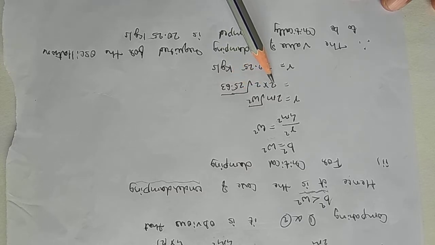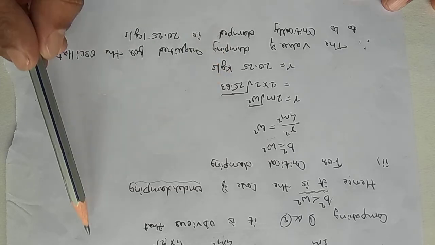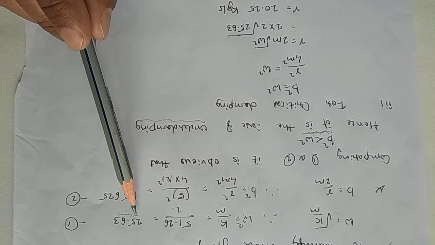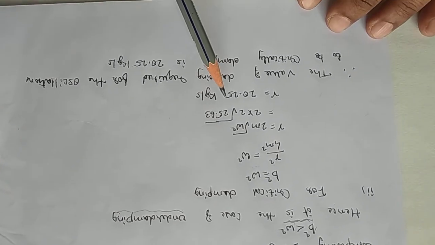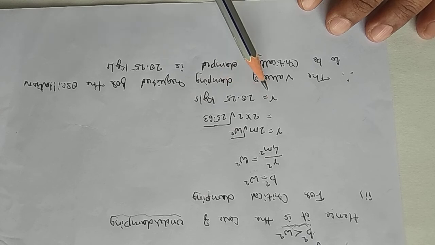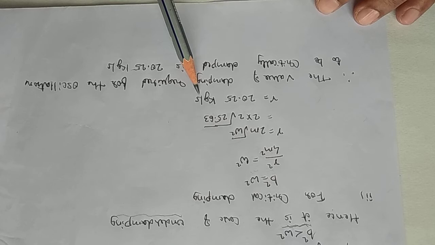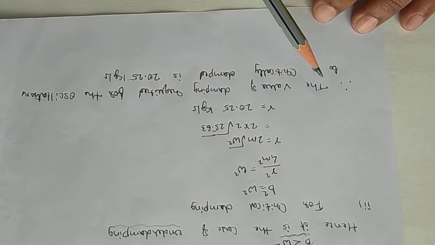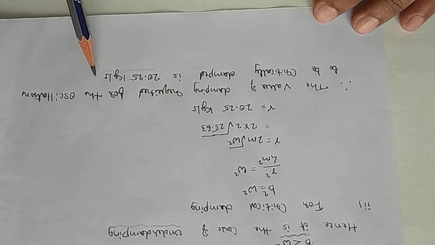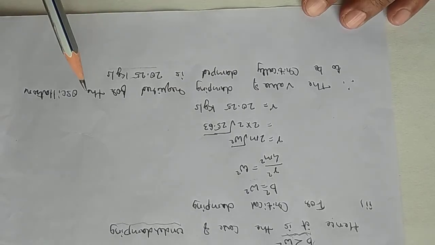Substituting 2 into mass, 2 kg, into the square root of omega square, which we calculated above as 25.63. If we take the square root of 25.63, the value of damping R is 20.25 kg per second. Therefore, the value of damping required for the oscillation to be critically damped is 20.25 kg per second.